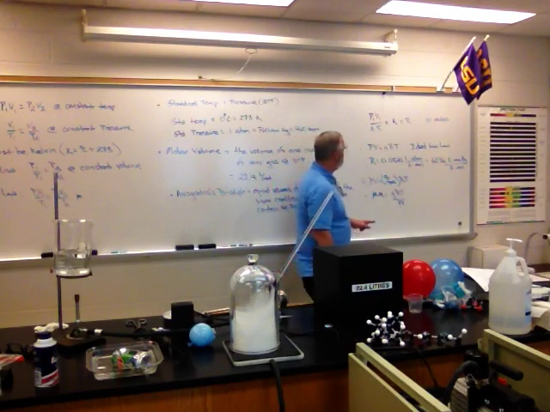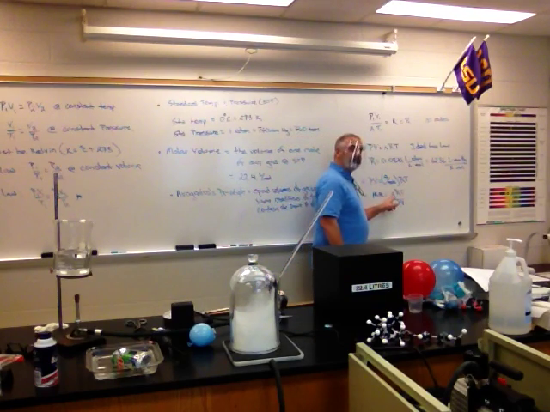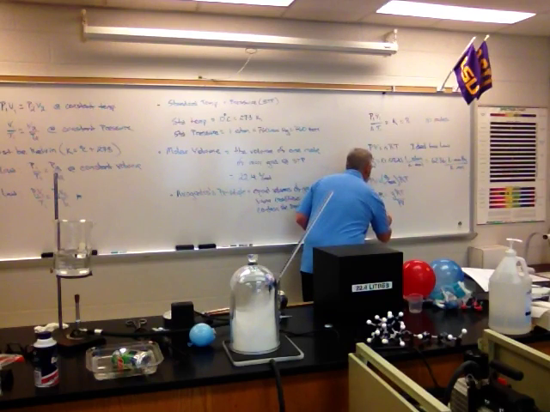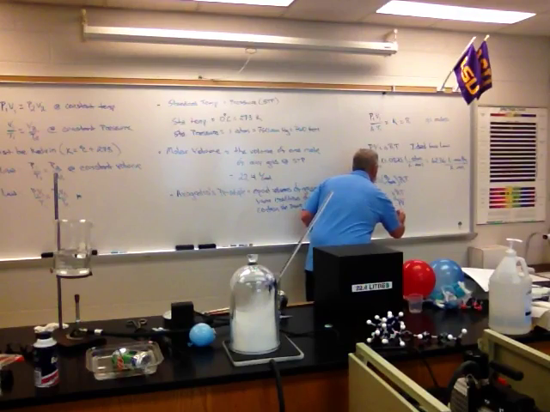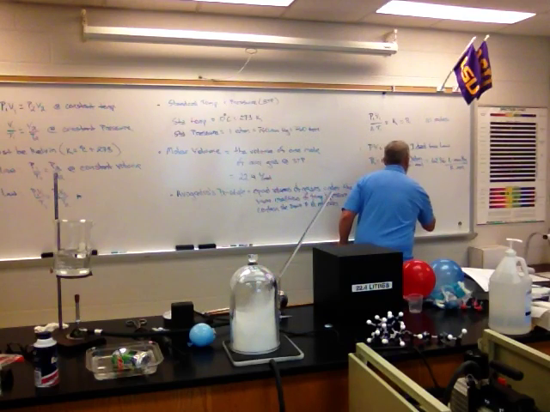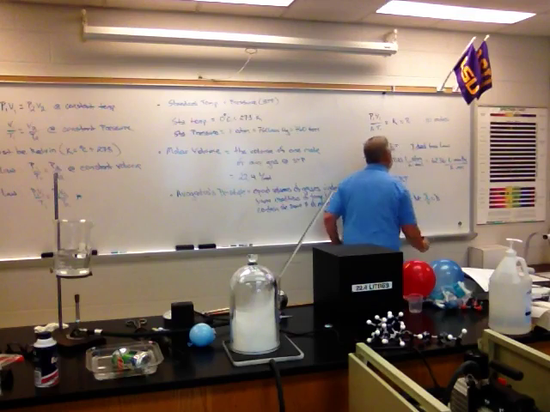Now, what does g stand for? Grams, which is a measure of mass. V, volume. What is mass divided by volume? Density. Okay? So we can say that the molar mass is equal to dRT over P, because g over V is equal to d.